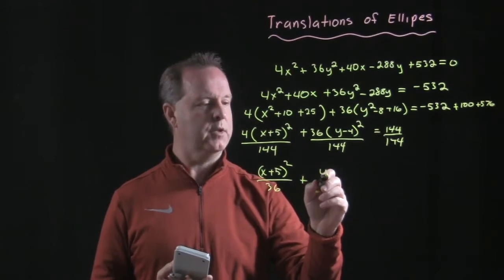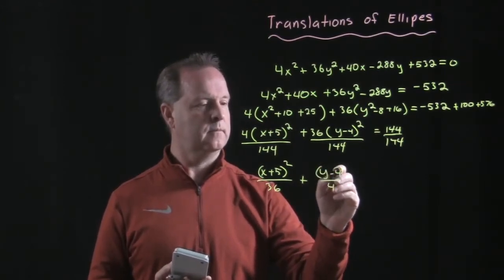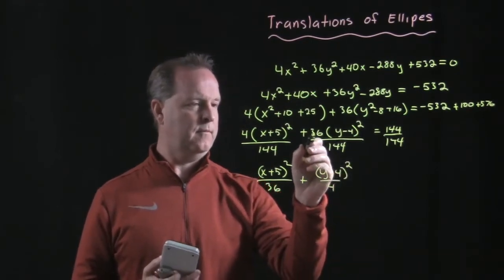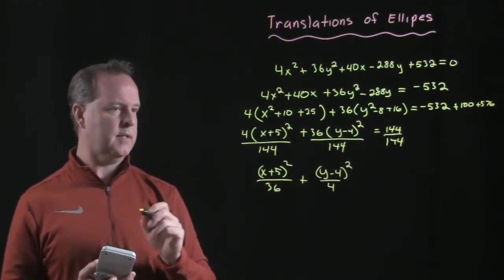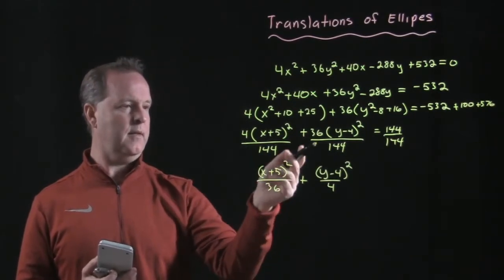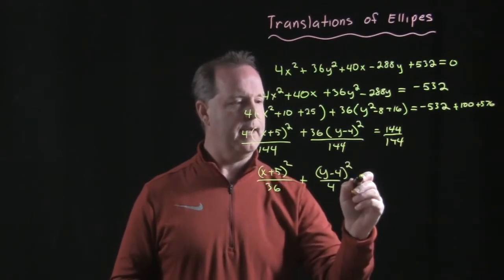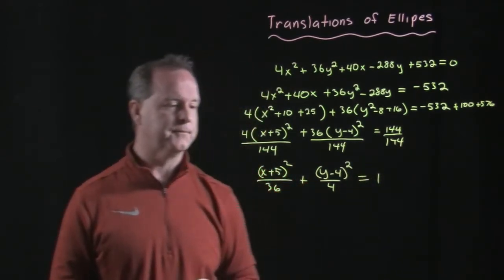Sorry, it took longer than it should have. Four times 36, and then 4 times 36. Oh, that's nice. They're both 4s and 36s. How about that? And all that equals 1.